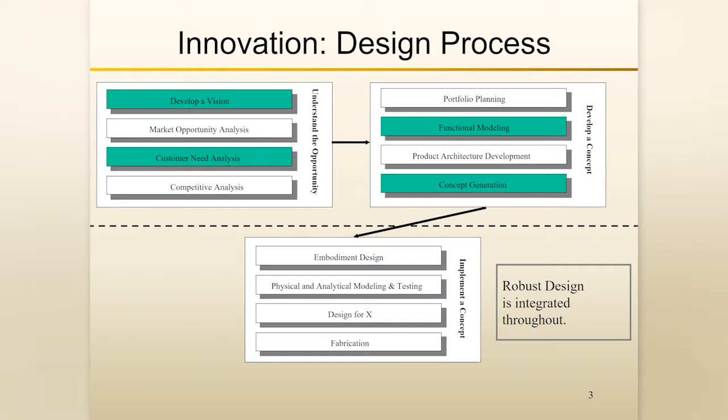The best thing that you can do is generate lots of potential designs, potential concepts, and choose the best from among those. Functional modeling gives you a strategy for developing lots of concepts. If you can understand what the functions are, what the product or system has to do, there are typically multiple ways to accomplish a function. And so that's how it leads into concept generation and multiple concepts.